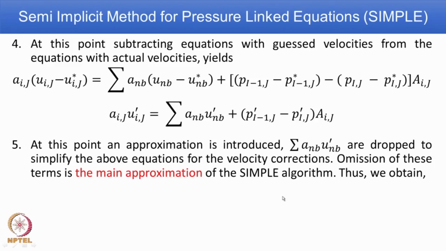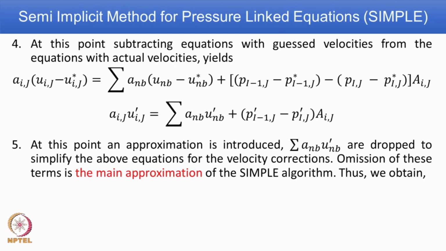At this point, an approximation is introduced, that is, the summation of A n b U n b prime is dropped simply from the above equation for the velocity correction, and omission of this term is the main approximation of the SIMPLE algorithm.